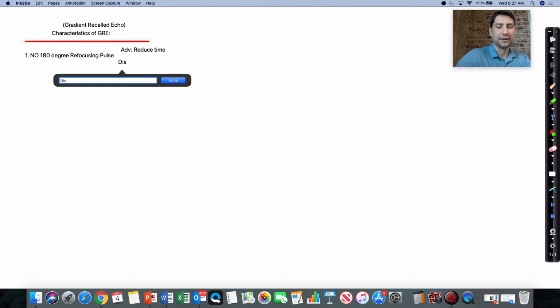A disadvantage of that, we can say it does not correct for field inhomogeneity, metal susceptibility artifact, and the last one that Rachel said, chemical shift.